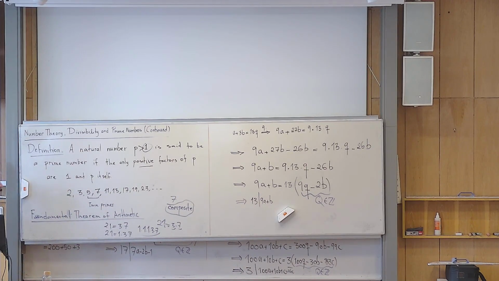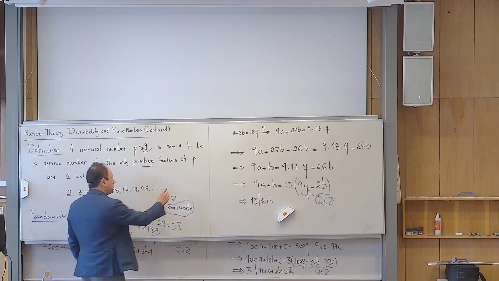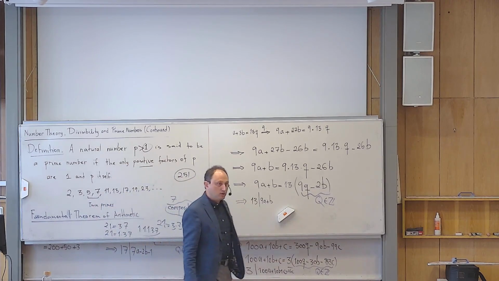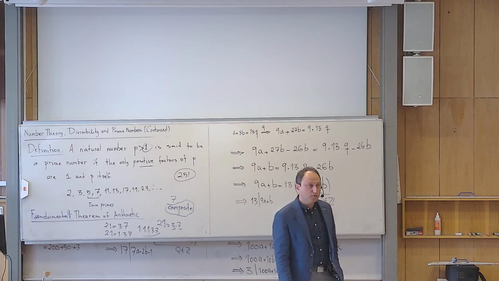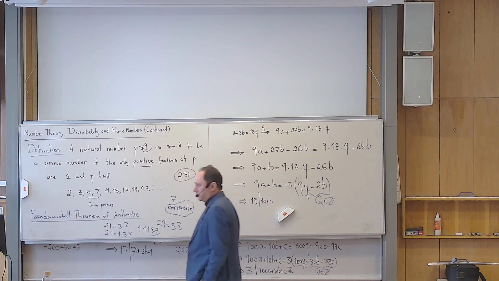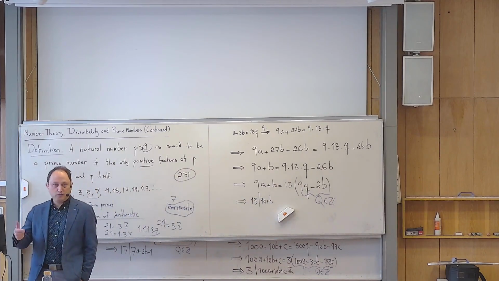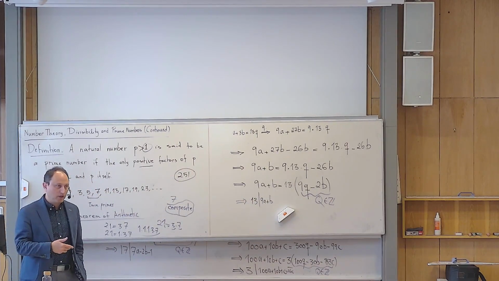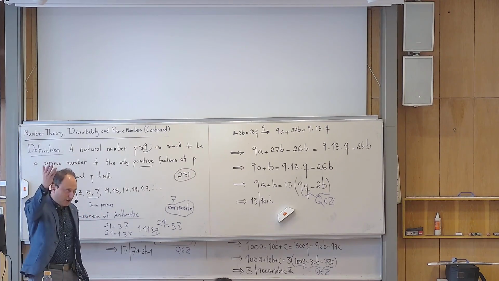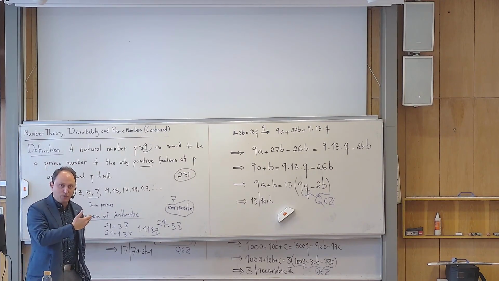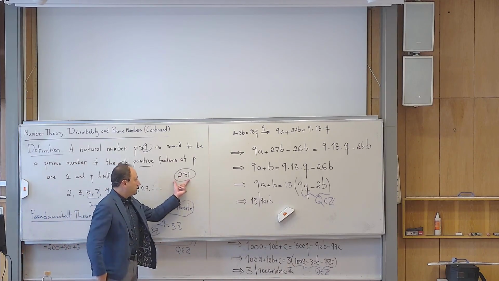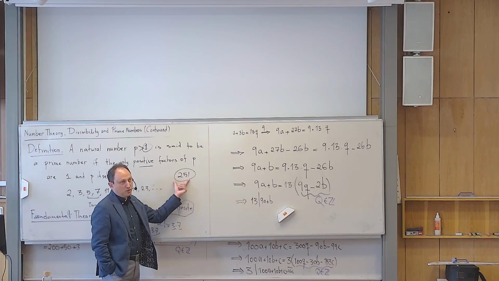Okay, so that is it. If I give you a number, for example 251, let me ask you this question: if I ask you whether this is a prime number or not, in principle, what do you need to do? You need to check if this number is divisible by some number smaller than it. There is no reason to check the numbers after that. So let us see what the algorithm is.